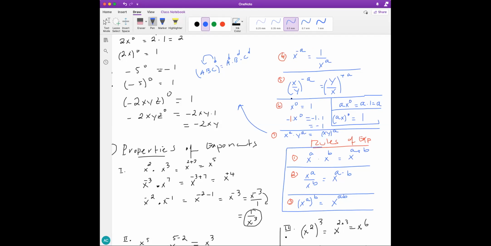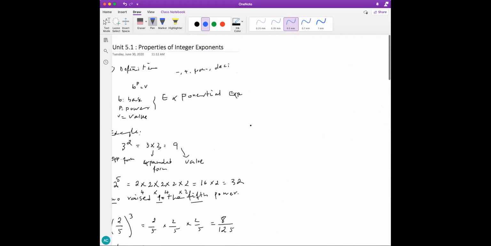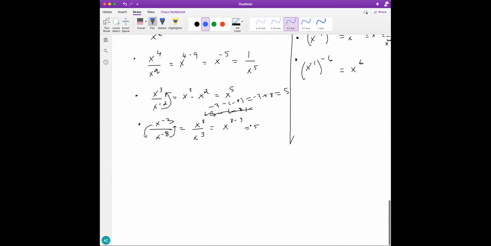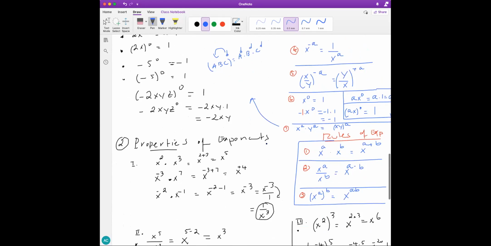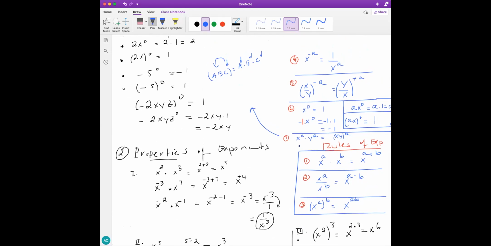Know when to turn your powers positive. So basically, this is your main thing here. All the rules are summarized. Everything we explained today is summarized here in these rules. There are about seven of them, and we're going to use these to solve a lot of problems next time.